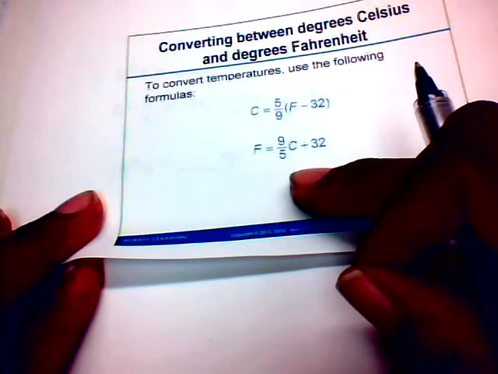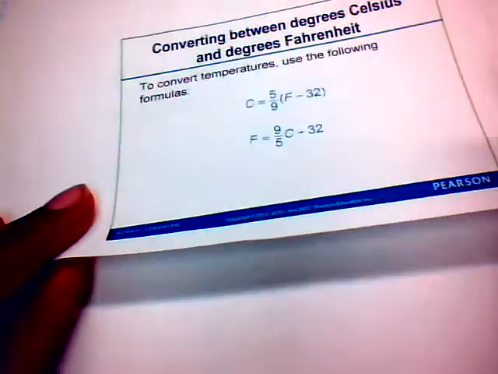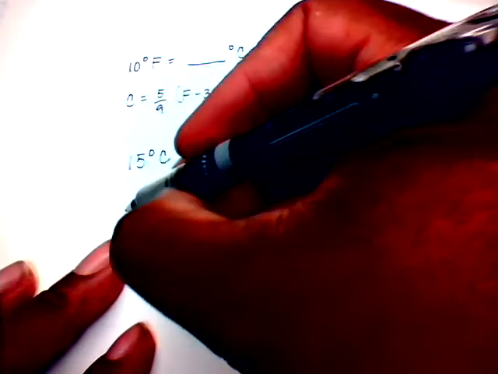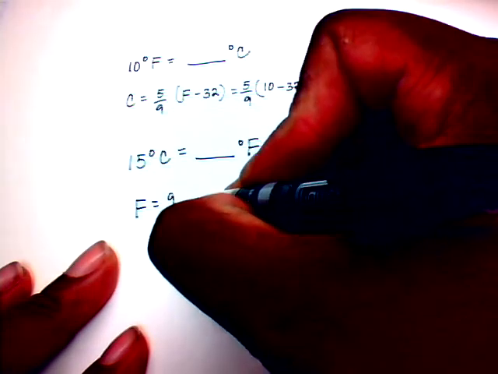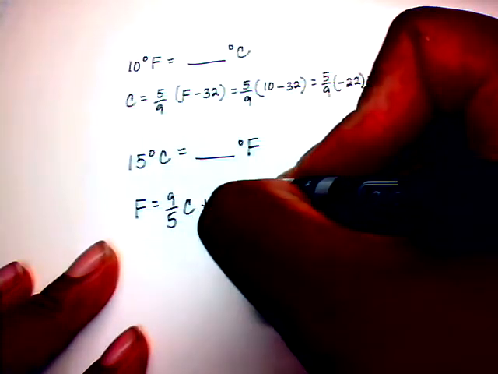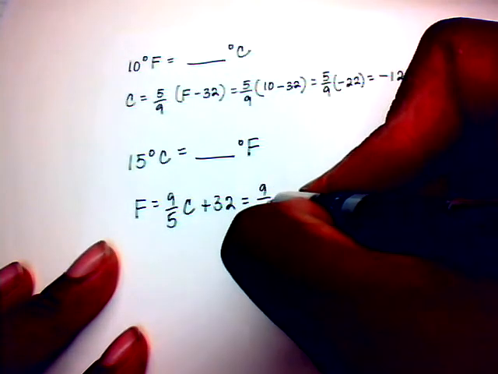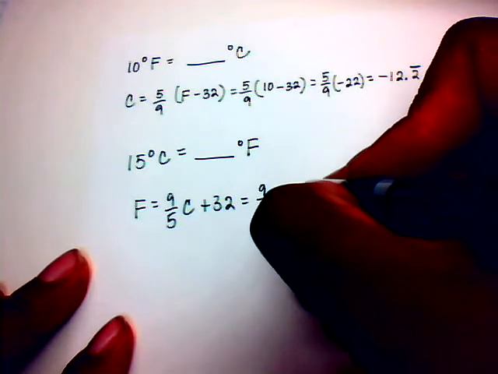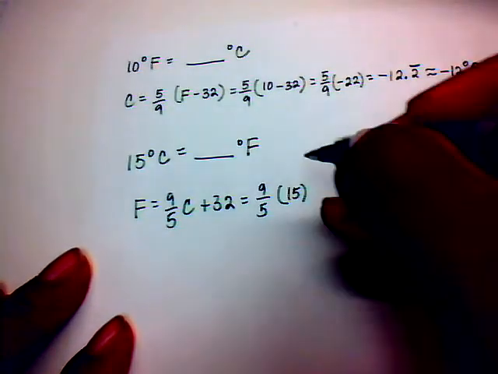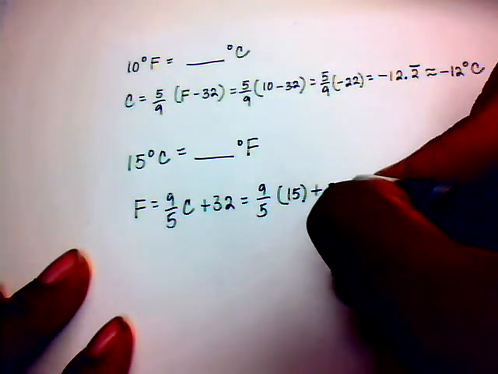Fahrenheit is going to be 9/5 times the degrees Celsius plus 32. So that means we're going to have 9/5 times 15 plus 32.